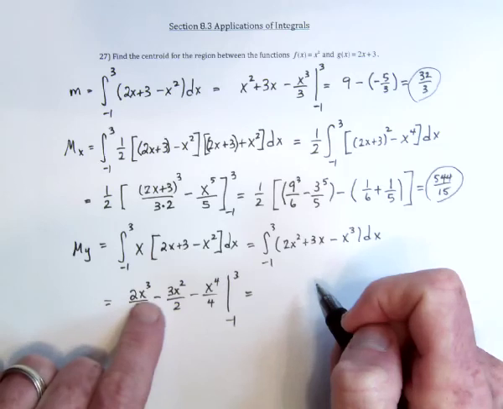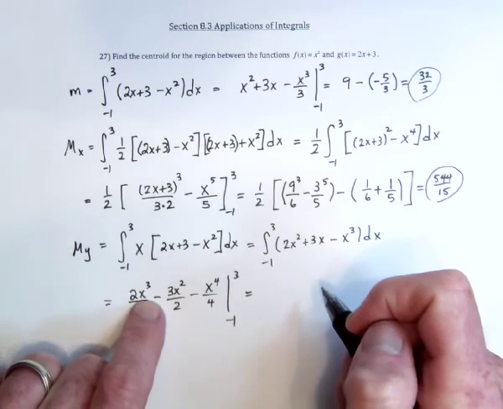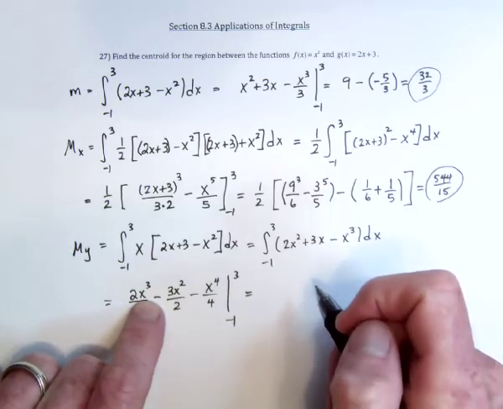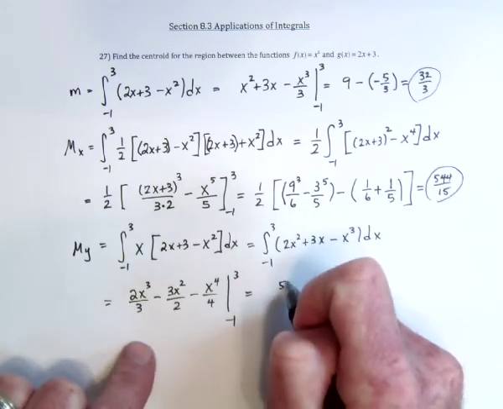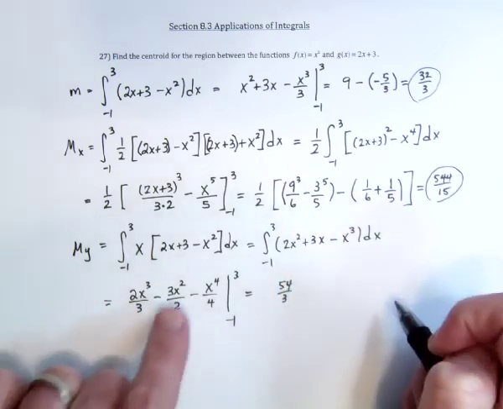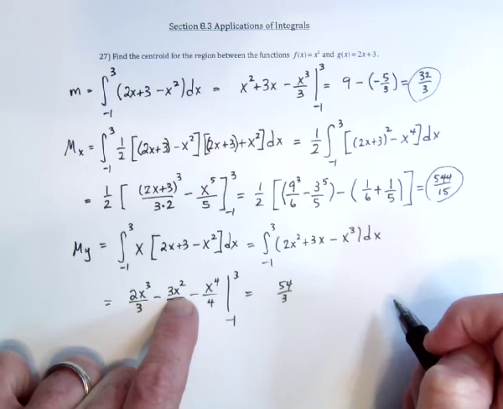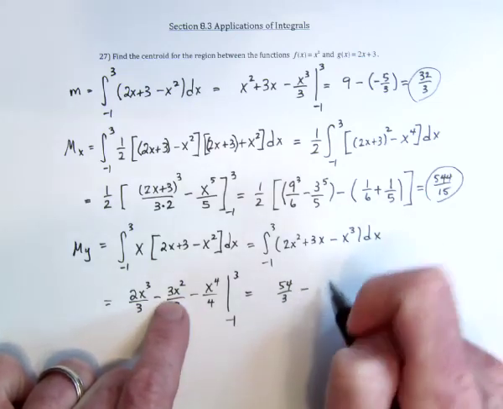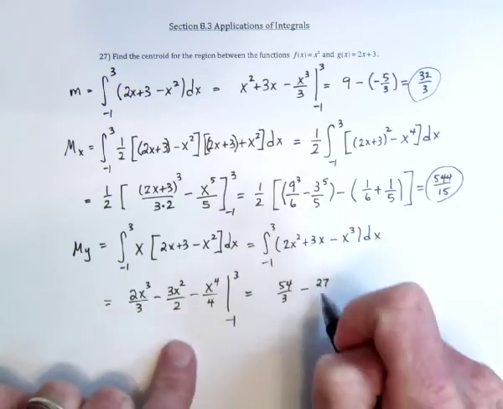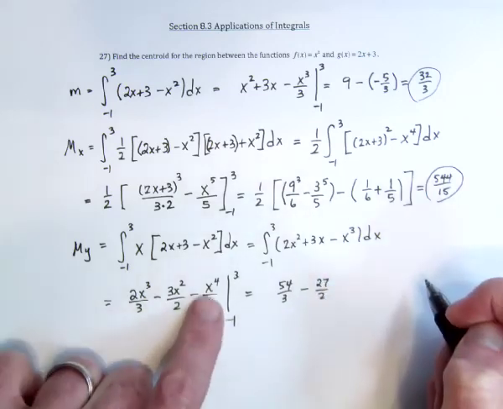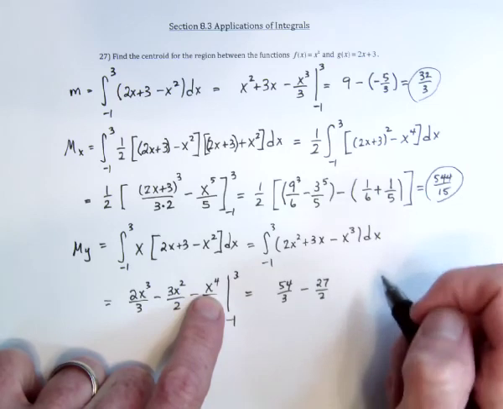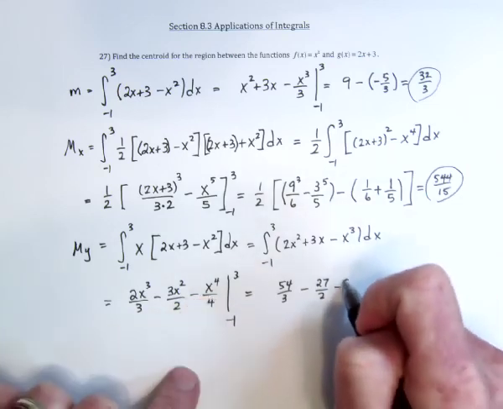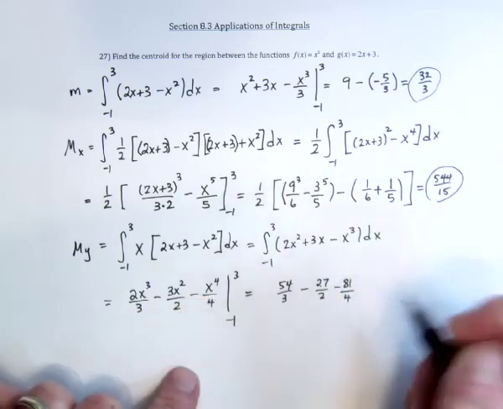So 3 cubed is 27, and 27 times 2 is 54/3. Then 3 squared is 9, but 9 times 3 gives minus 27 over 2. And 3 to the 4th is 81 over 4.